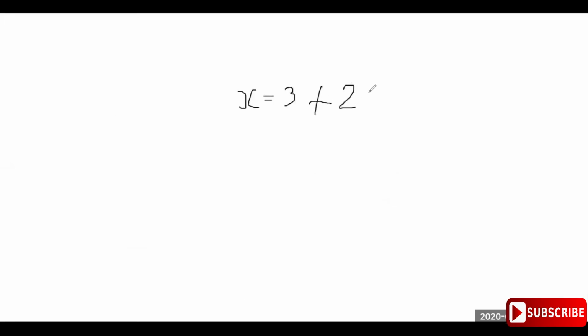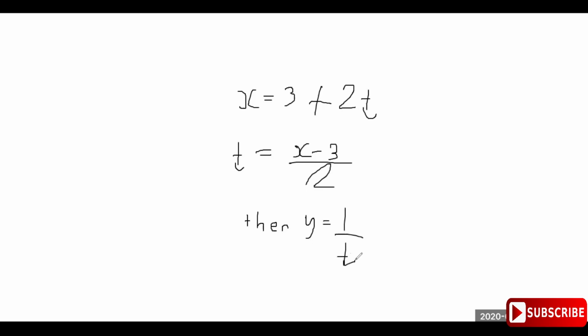So t is equal to x minus 3 over 2. I will plug that into y now, because y is equal to 1 over t. Then y, which is equal to 1 over t, is going to be equal to 1 over all of that, which works out to be 2 over x minus 3.